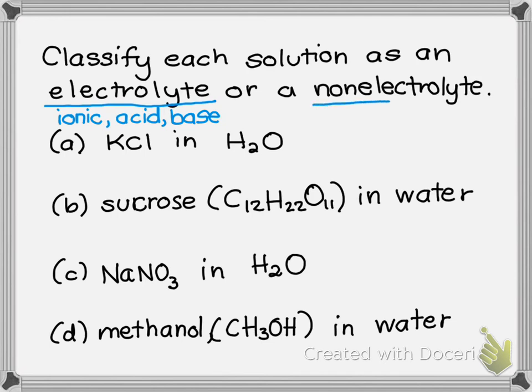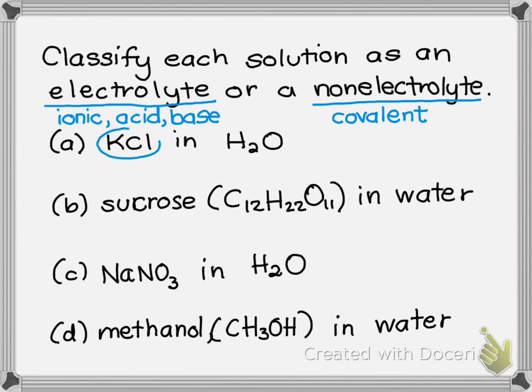And then non-electrolytes do not conduct electricity because they have no ions, and the type of substances that make mixtures that are non-electrolyte are covalent substances. So when we mix ionic substances and make a solution with water, those are electrolytes. And when we mix covalent substances, for example, in a solvent like water, those are non-electrolytes.